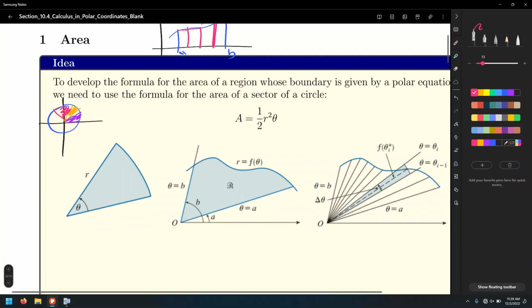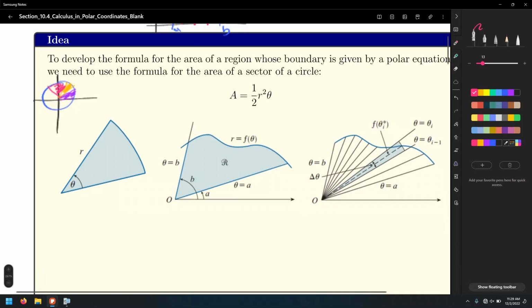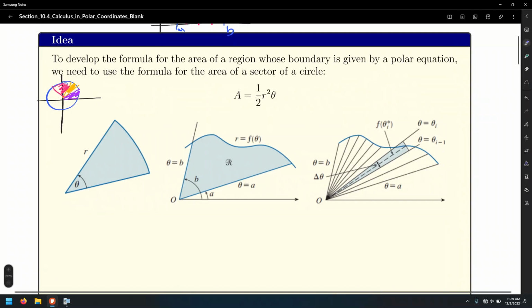So essentially we're going to have some other generic shape, which is some function r of theta, between, instead of integrating over an interval a and b, we're going to integrate over an interval bounded between 2 rays, and these 2 rays are the angles a and b, which actually I'm going to call alpha and beta, just to stick with the correct notation that we're going to use later.